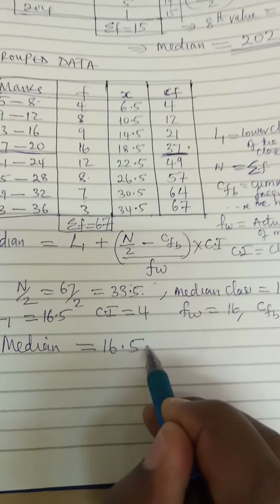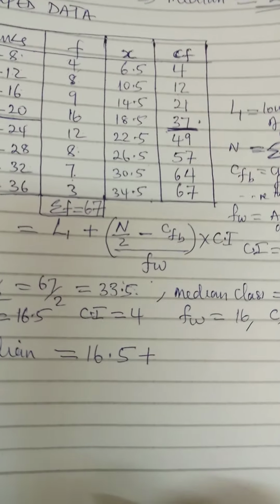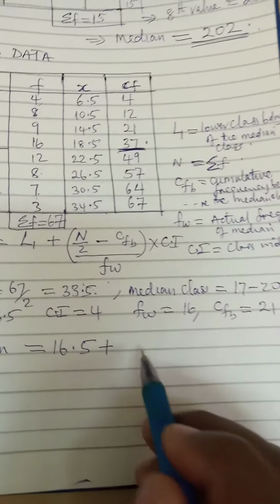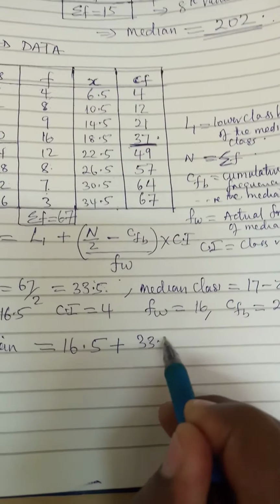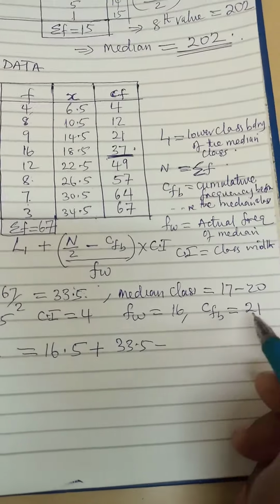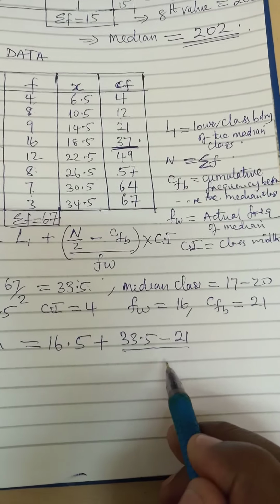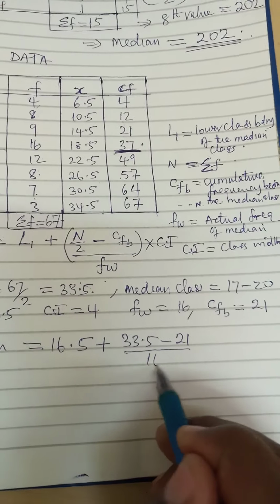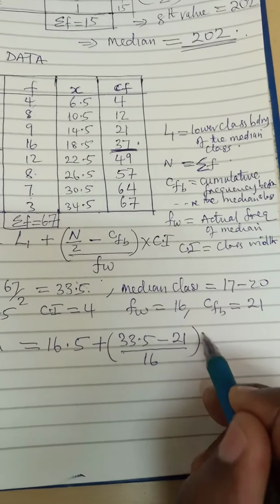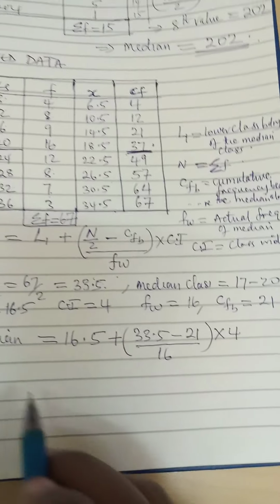Our median will therefore be 16.5 plus our N out of 2, which is 33.5, minus our CFB, which is 21. This will be divided by the actual frequency, which is 16, and all this part will be multiplied by 4.